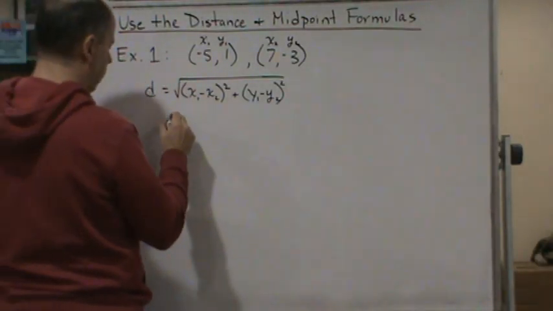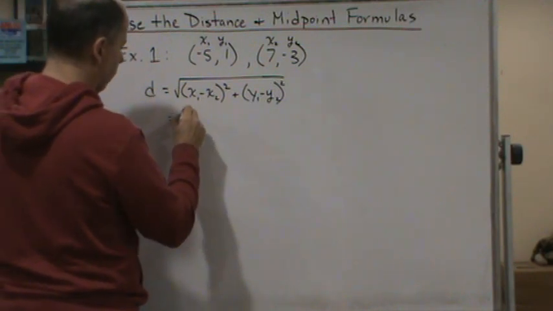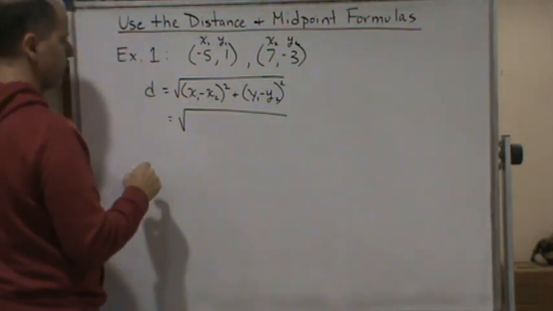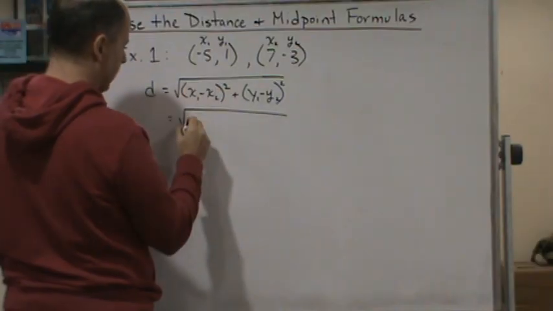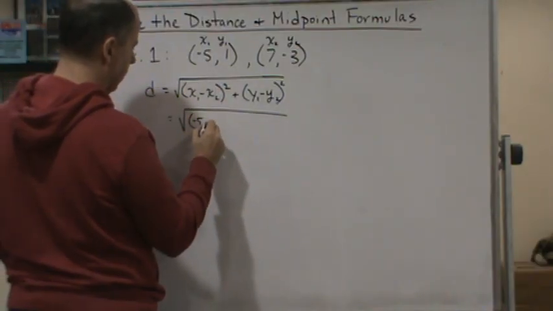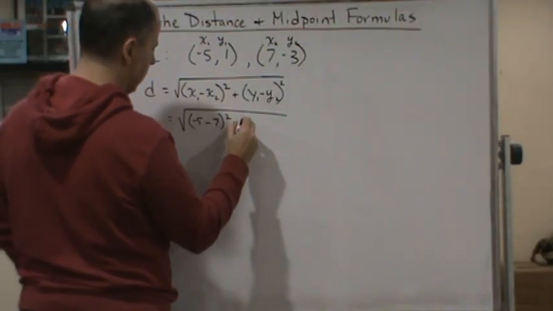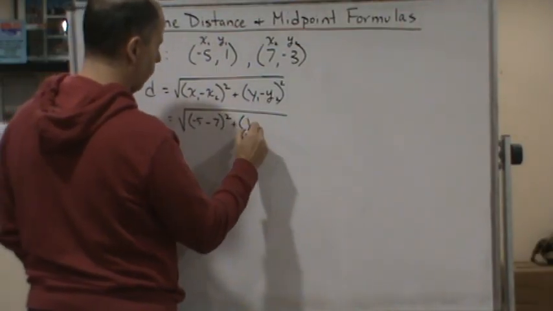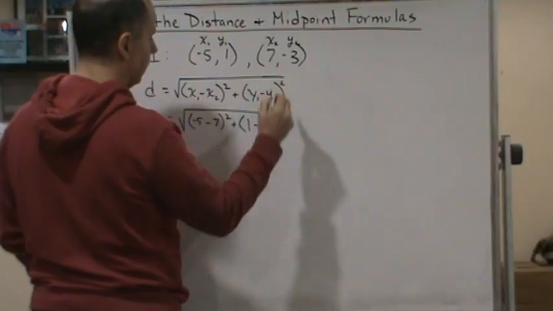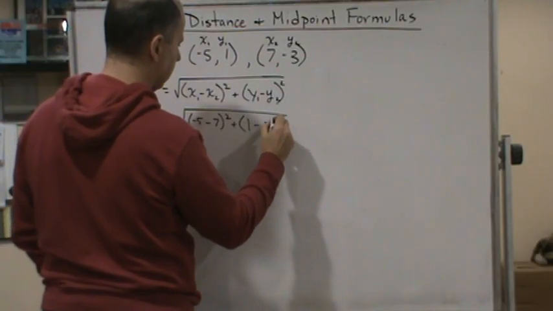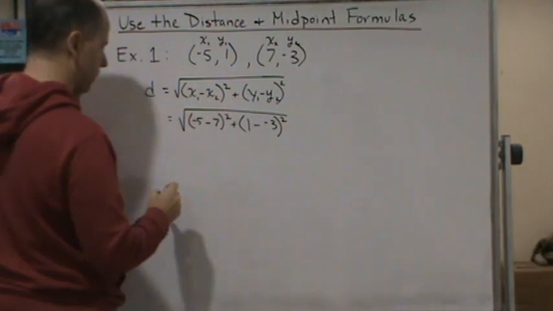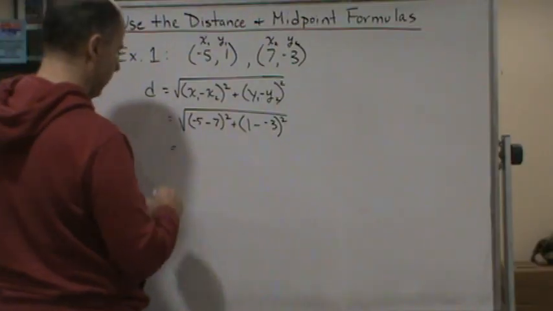Okay? So here, now we're just going to plug in our values. So x1 is -5 minus x2, which is 7, squared, plus y1, 1, minus a -3, quantity squared. And so now all we have to do is just simplify.